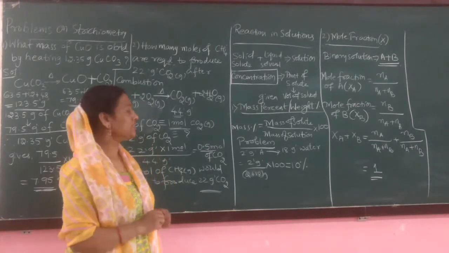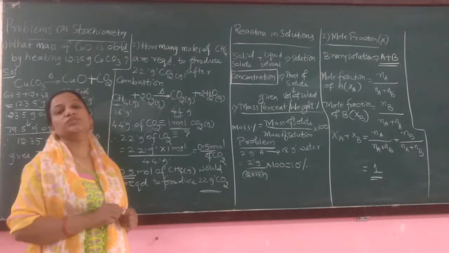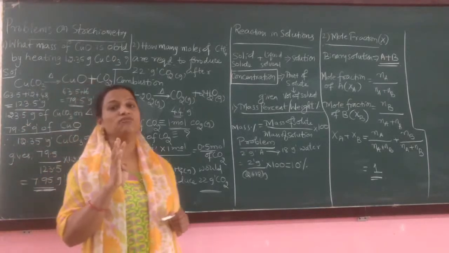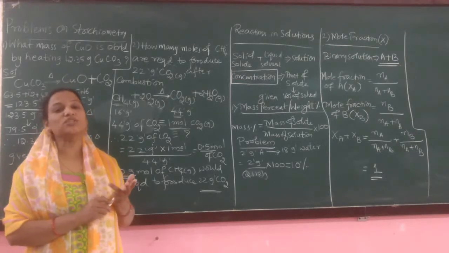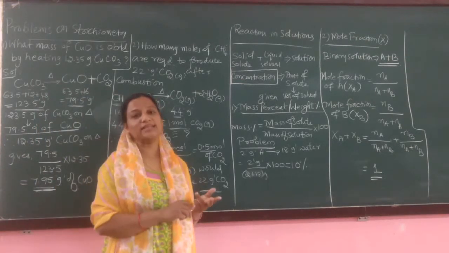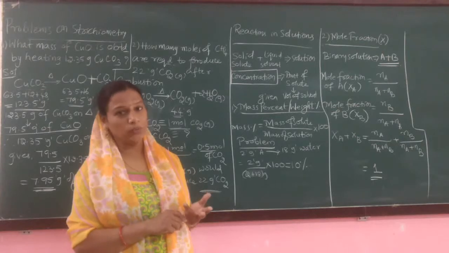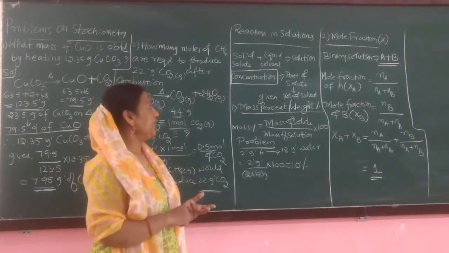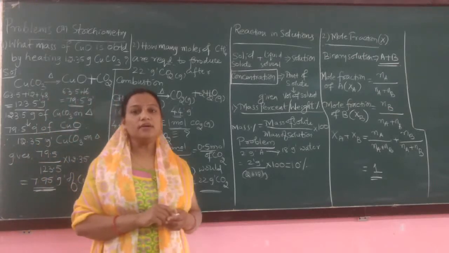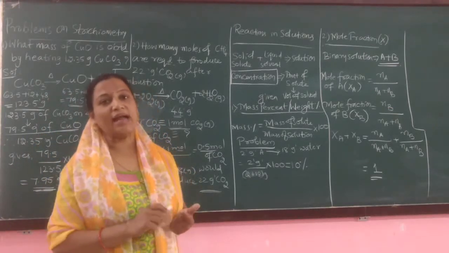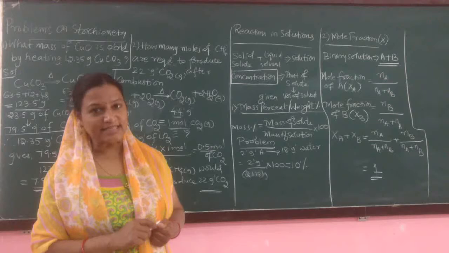And this concentration of a given solution can be expressed in 4 different ways. The first one is mass percent, or it is also called weight percent, W. Second is mole fraction, symbol capital X. Third is molarity, and fourth is molality.